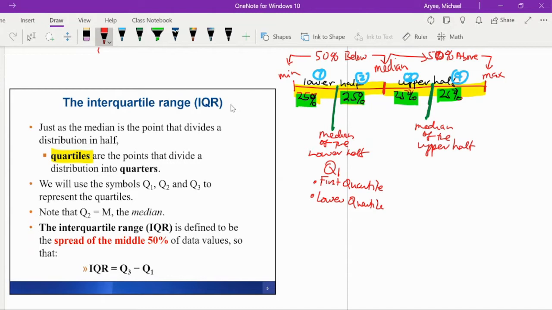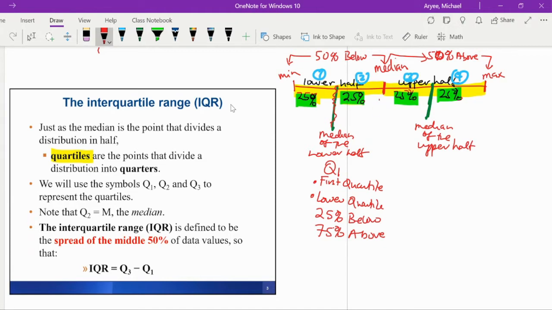It is a value where you have 25% of your data below that value, and 75% of your data above that value. So if this is Q1, 25% is below, and everything above is 75% of your data.